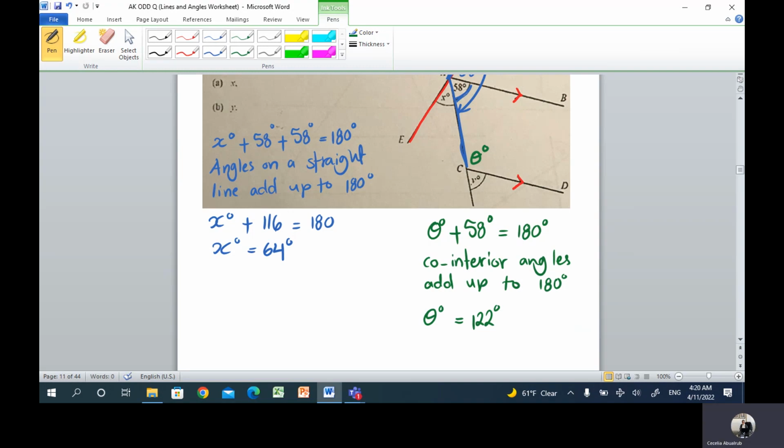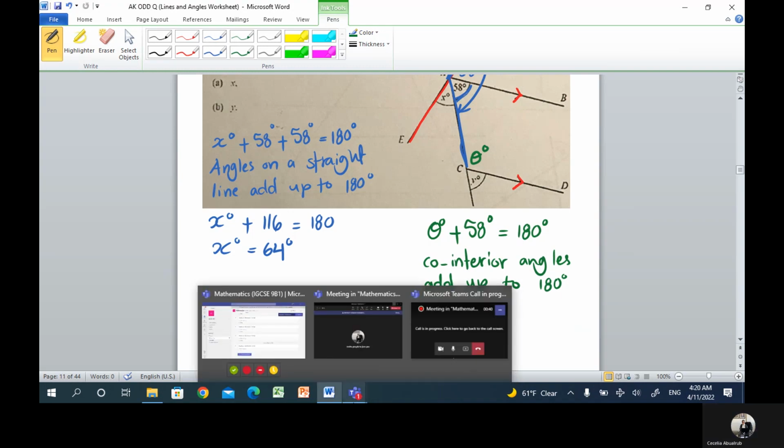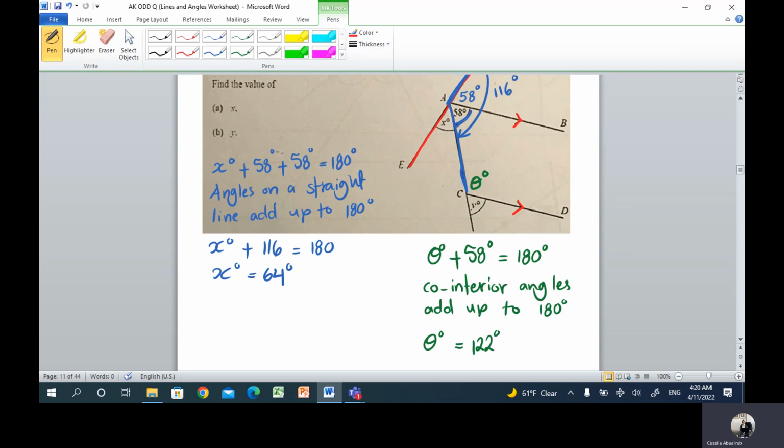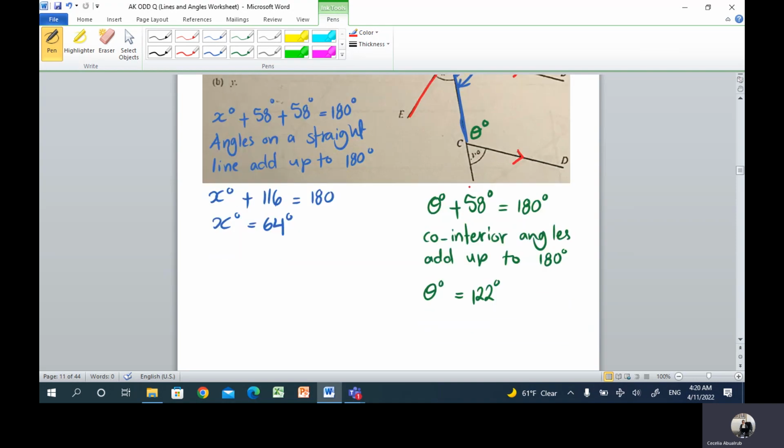So if theta is equal to 122 degrees, accordingly, y and theta are angles on a straight line. As you can see here, y and theta are angles on a straight line, so they add up to 180.